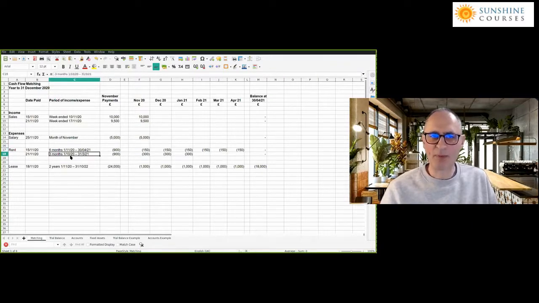Similarly, we paid a week later rent of another £900, but this was for a different premises, for a different lease, was for 3 months from the 1st of October. Sorry, I put that date wrong. This should be from the 1st of November to the 31st of January. Apologies, this just is dated wrong. Let me just correct it now.